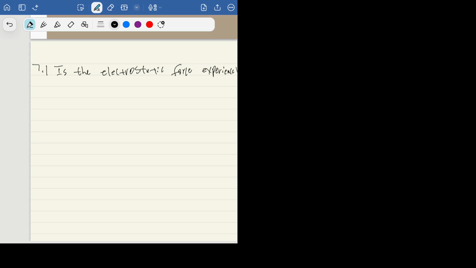Okay. Let's see now. Refresh is Shift F5.